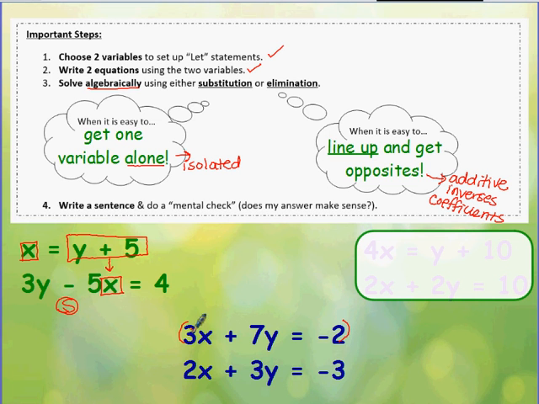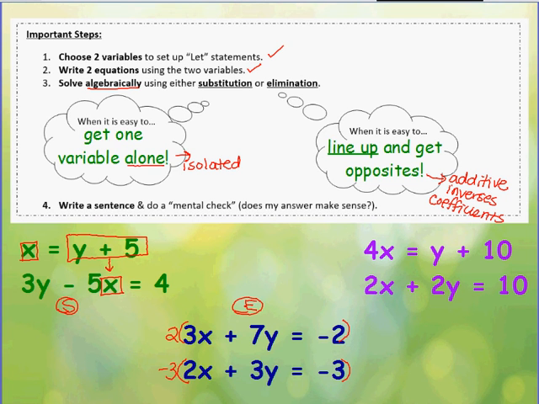So if I multiply this equation by 2 and this equation by -3, we will end up with 6x and -6x, which are opposites, so that when we add the equations together, they would eliminate. I believe this method would be best rather than trying to solve for y by subtracting 3x, dividing by 7, and ending up with fractions in my substitution. So this one, I would choose the elimination method. Let's take a look at our third example.